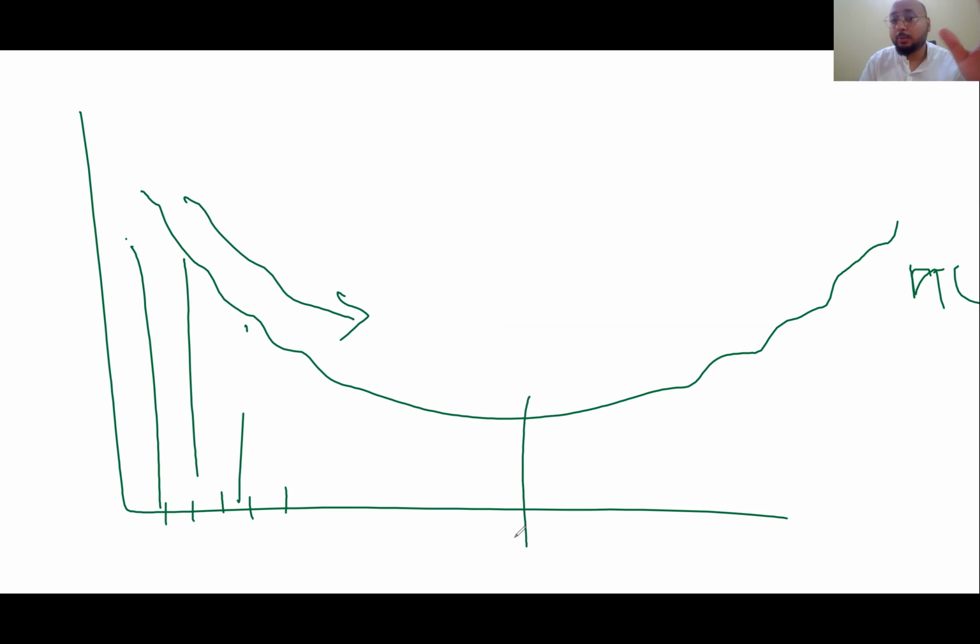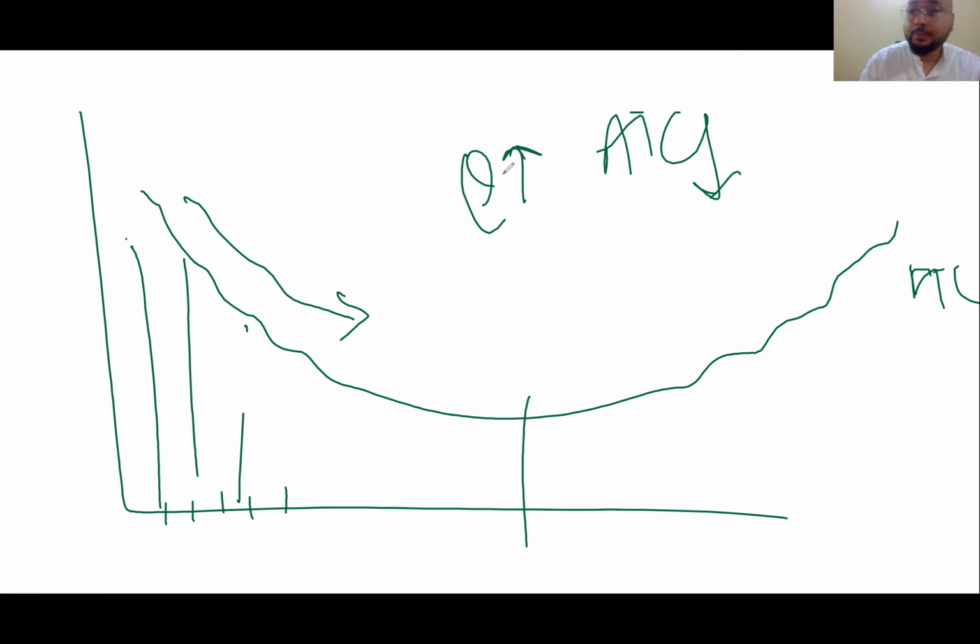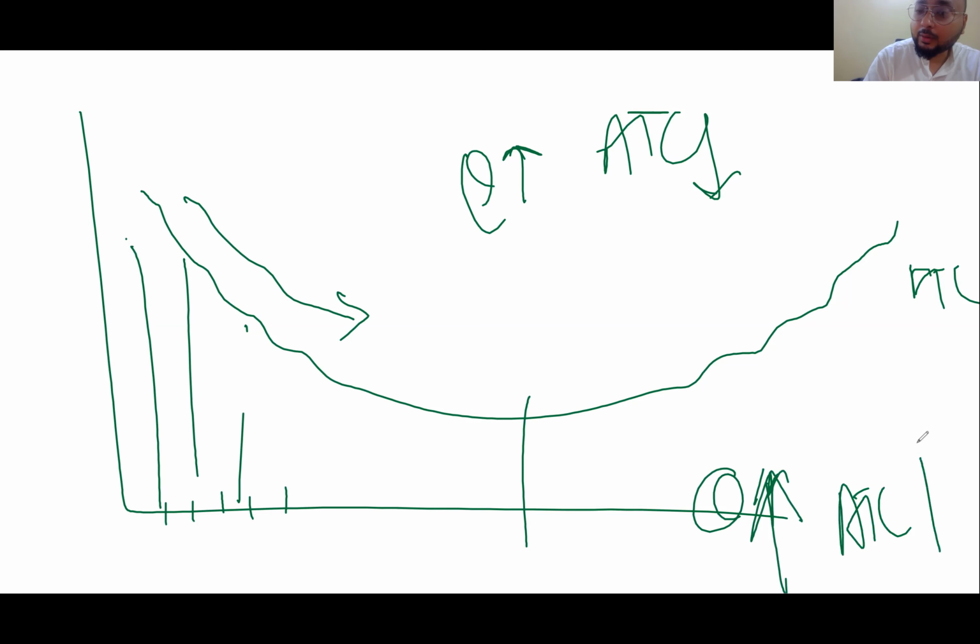So producing more is going to decrease the average total cost, right? But after a certain point, when you produce more, average total cost starts rising and then rises sharply, right?